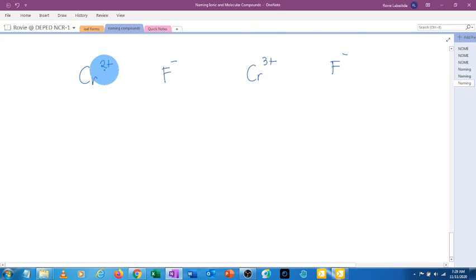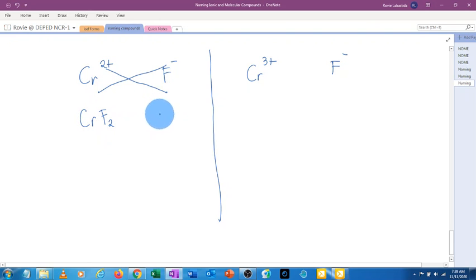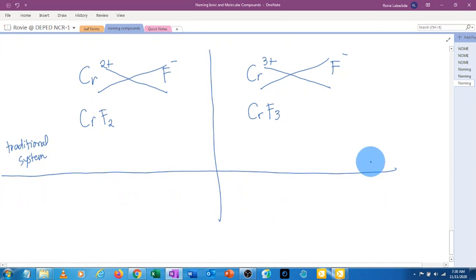Okay, let's derive first the formula from these ions. So let's do the crisscross. So the formula will be CrF2. Okay, and for this one, let's do the crisscross as well. CrF3. Okay, let's use first the traditional system in naming ionic compounds where the cation has more than one possible charge.